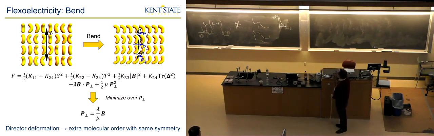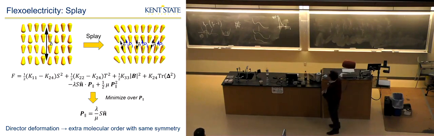So here we could say that you apply a bend. The bend is a vector perpendicular to the director, and you get an electrostatic polarization, which is also a vector perpendicular to the director. Right? So I'm saying a director deformation induces some extra molecular order with the same symmetry.